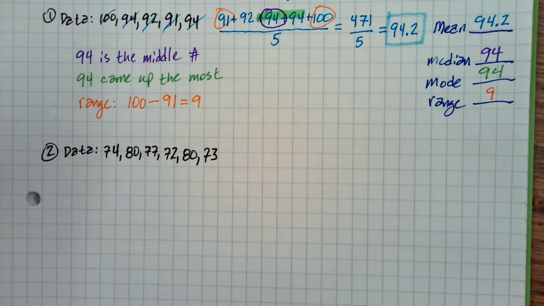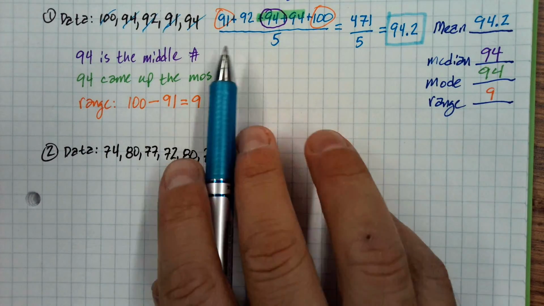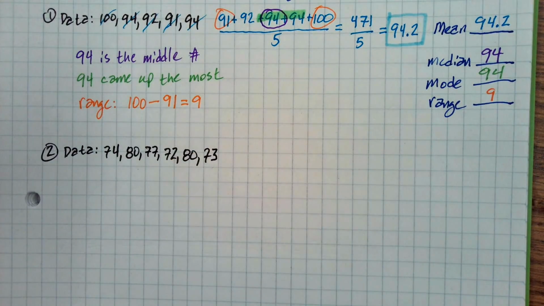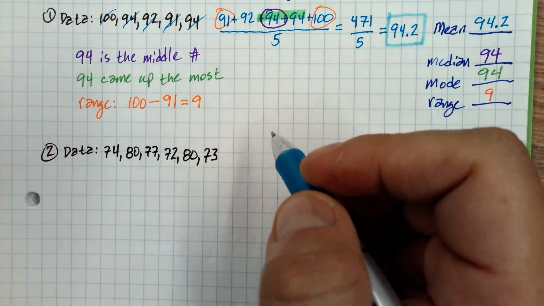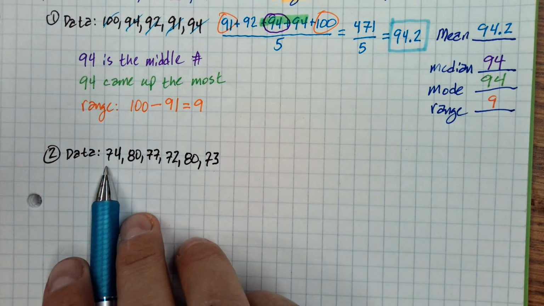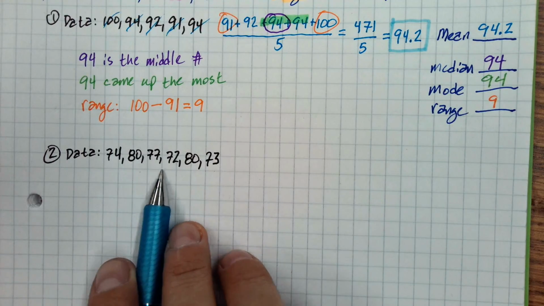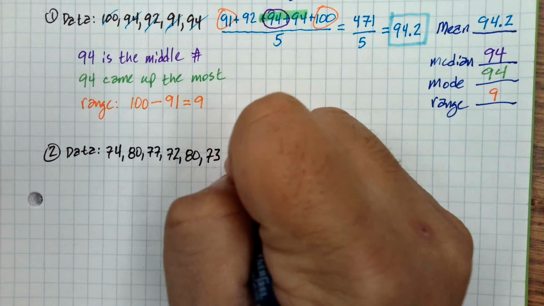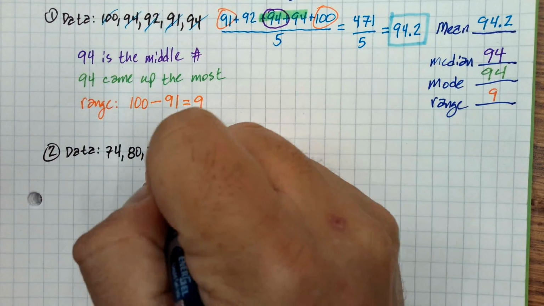And so the first thing we're going to find is the mean. So we're going to do the same thing we did before. Let's put those numbers in order. Okay. So we want to look for our smallest number, 72. Okay.